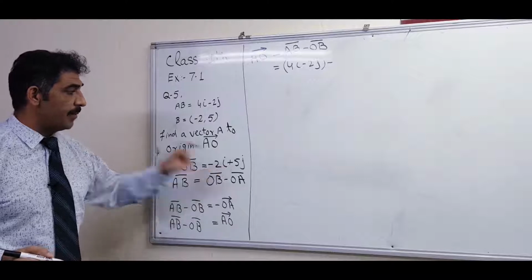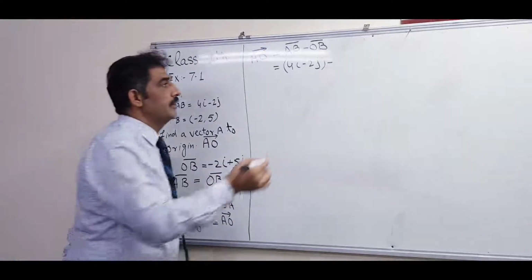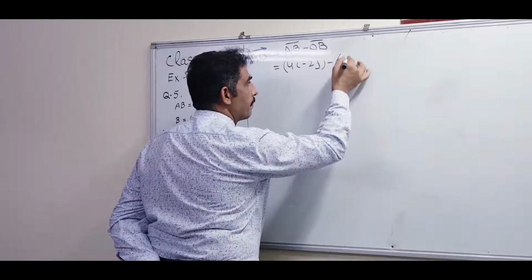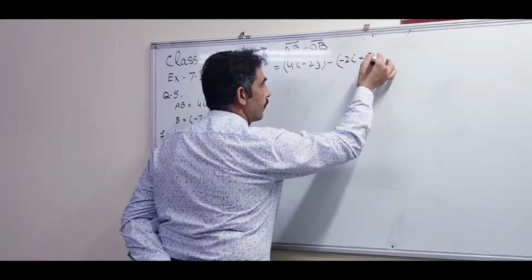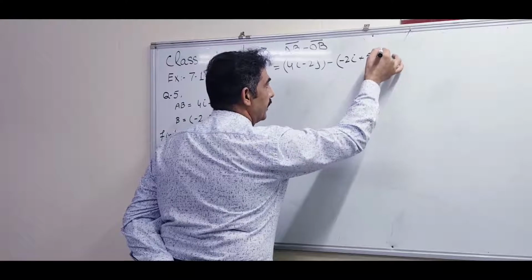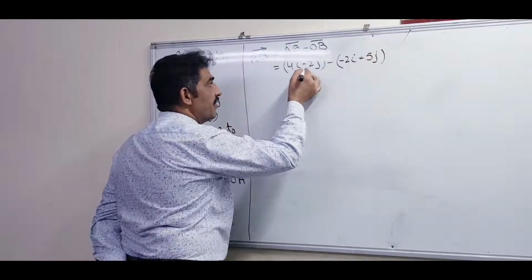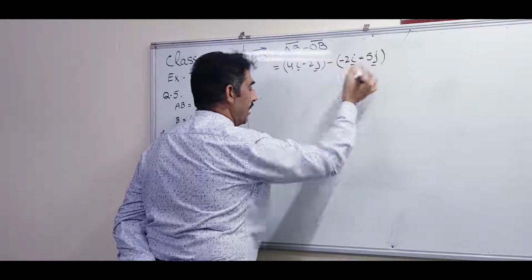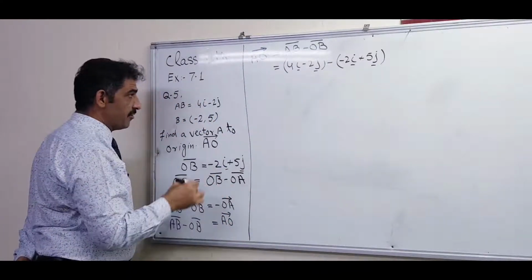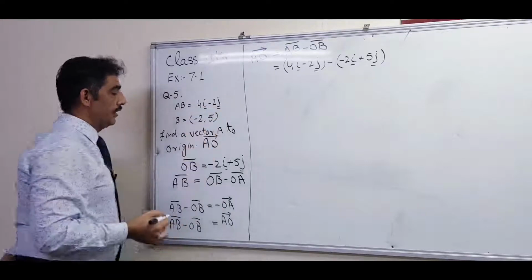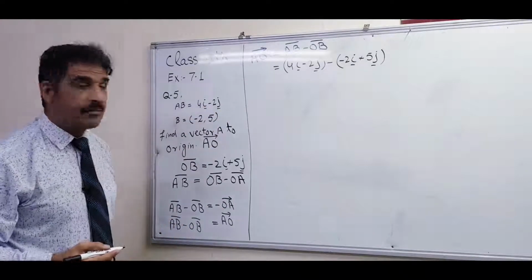Minus 2i plus 5j. One thing I should tell you: these are all unit vectors, so vector notation is compulsory. If you forget it, you will lose marks, so you have to apply the vector notation. Okay, the vector notation is compulsory.